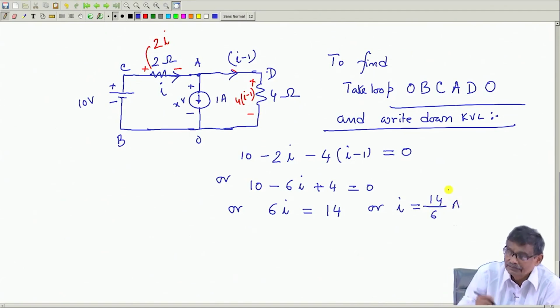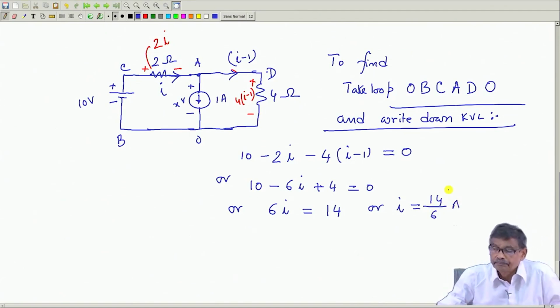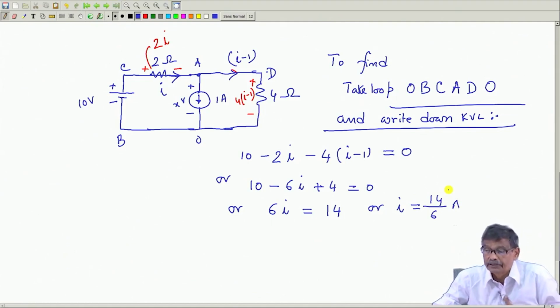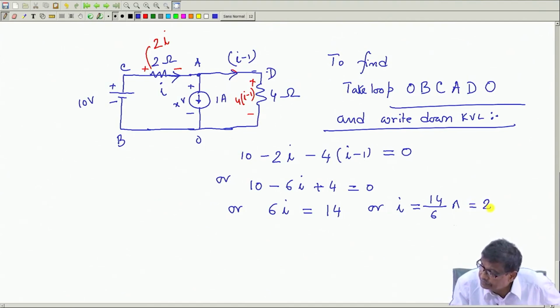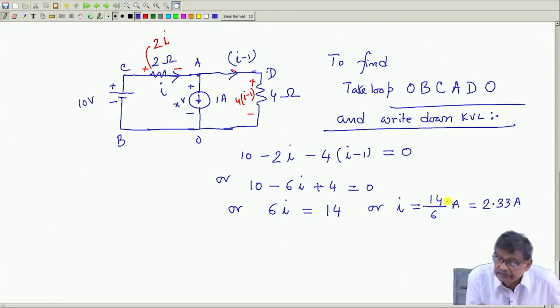How much is it? 14 by 6 ampere, if everything calculated is okay. Say 2.33 ampere is this current.